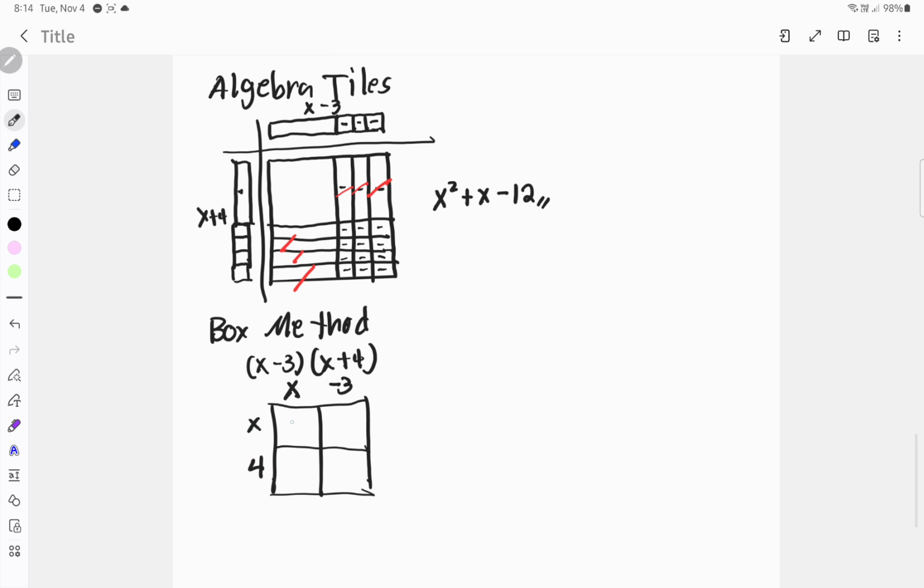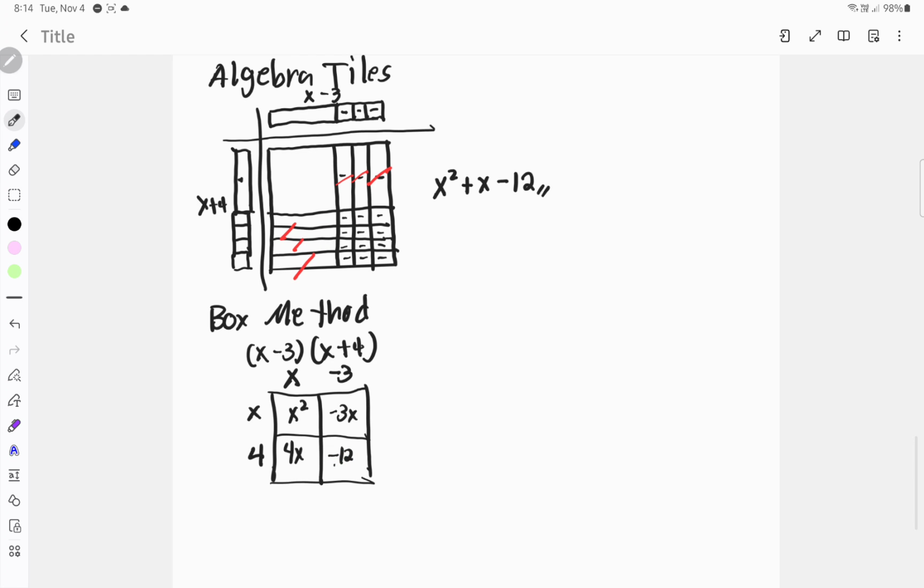Multiplying, x times x is x squared, negative 3x, 4 times x is 4x, and this is negative 12. Writing our answer, we have x squared minus 3x plus 4x minus 12. Since these are like terms, negative 3x plus 4x, we add their numerical coefficients. So it would be plus x minus 12, which is the same answer as here.